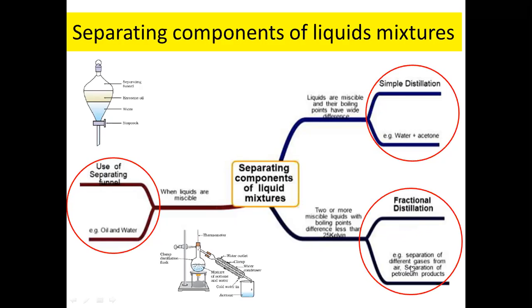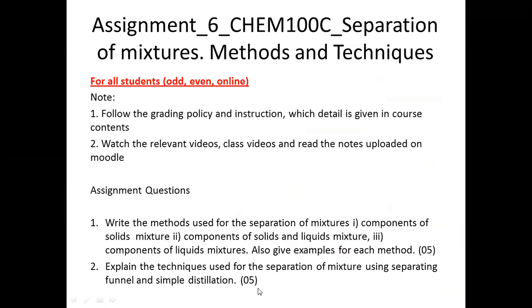So if more than two components are present, like different gas components or separation of petroleum products, because there are a lot of organic molecules, you can use fractional distillation, and by using this one, with the difference in temperature, different compounds are boiled, and simultaneously you can get them by using fractional distillation. So this is all about it.